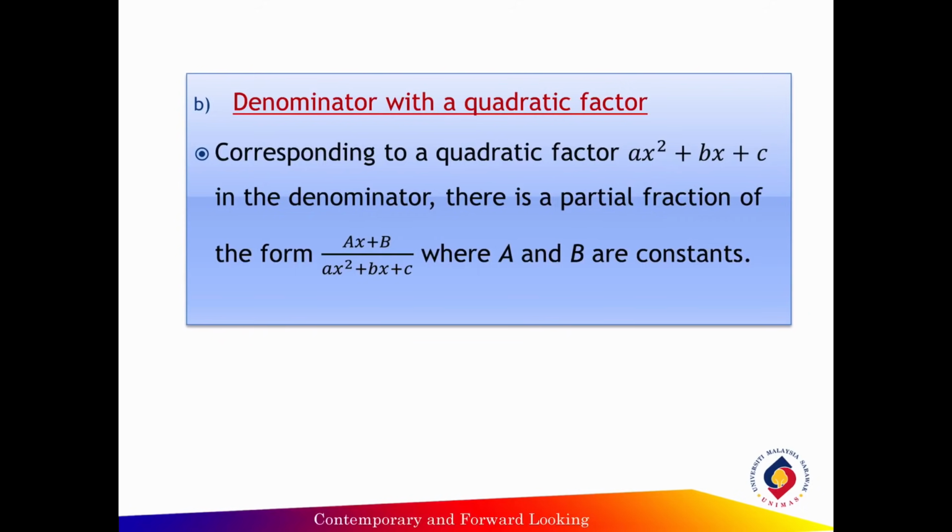That's why we have Ax plus B as our numerator. So that is the idea. We still deal with a proper fraction. If our denominator is of degree 2, then our numerator must be at least 1 degree less, which is of degree 1 in this case.